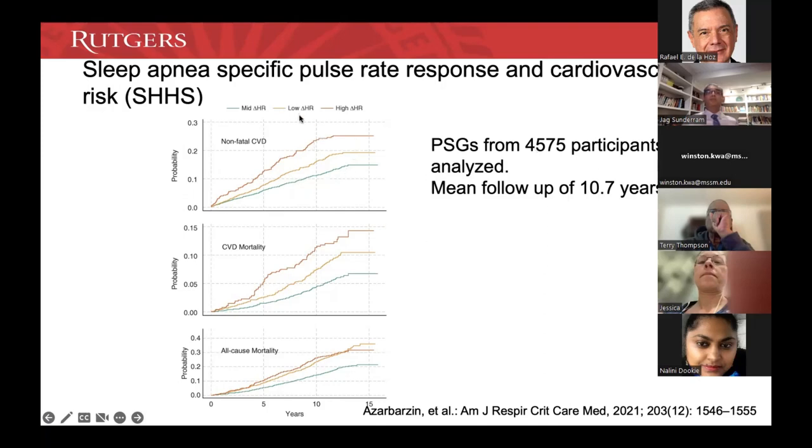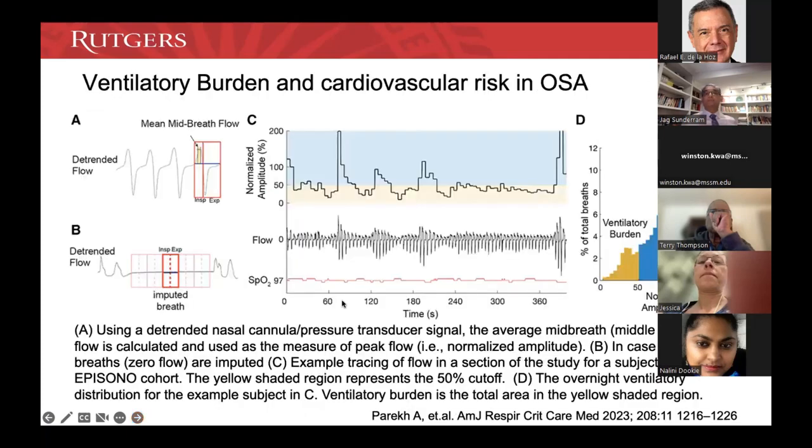They again showed that the probability of a non-fatal cardiovascular disease event was high when you have these higher changes or lower changes in delta heart rate compared to mid-level changes in the heart rate. Similarly for data on cardiovascular mortality and all-cause mortality, showing that maybe the heart rate response is some other way of looking at the consequences of these apneic events.